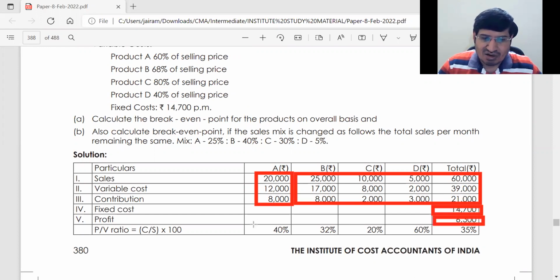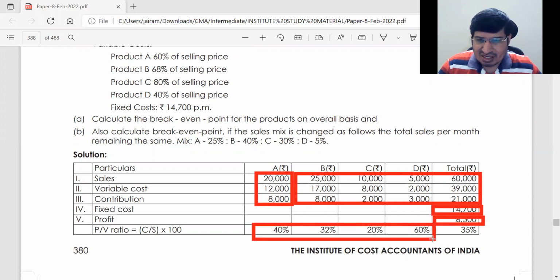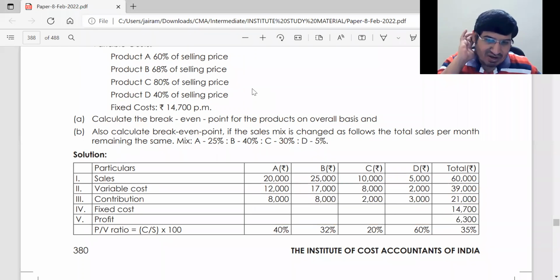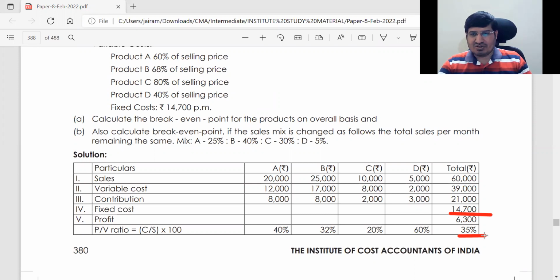These are all your individual PV ratios, and 35% is your total PV ratio. So the break-even point on overall basis will be fixed cost upon PV ratio: 14,700 upon PV ratio. This will be your break-even point.